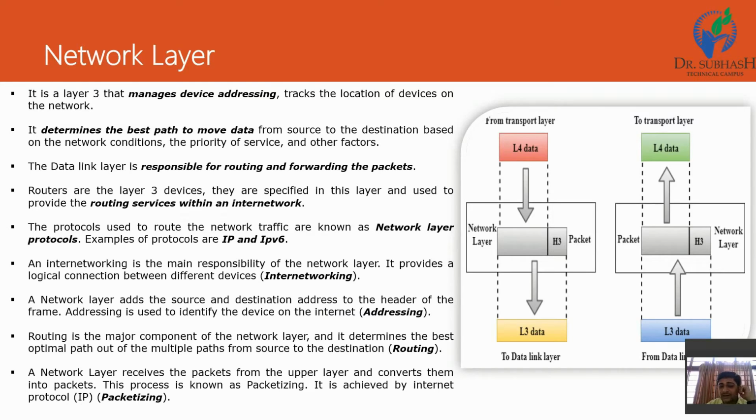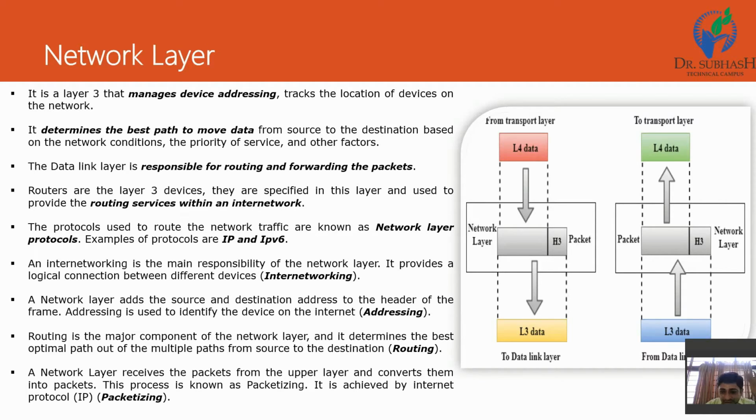Now next, the network layer adds a source and destination address to the header of the frame. In the previous layer, the data link layer, we discussed the frame. It has a header, content portion, and trailer.